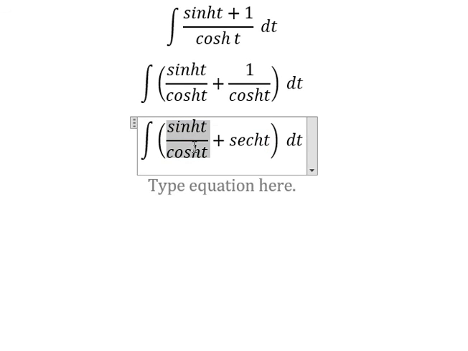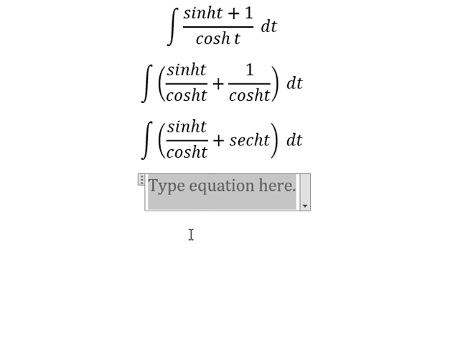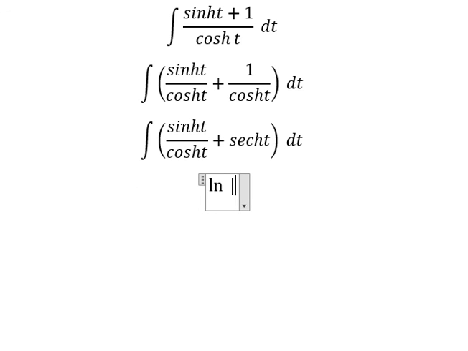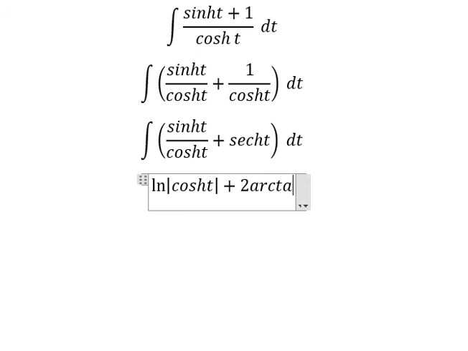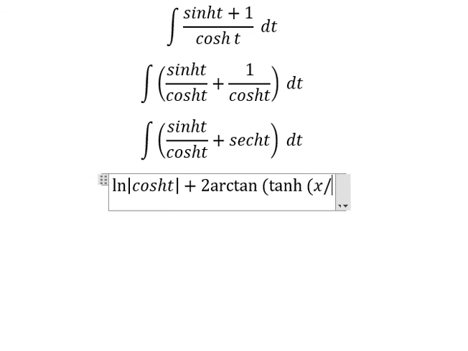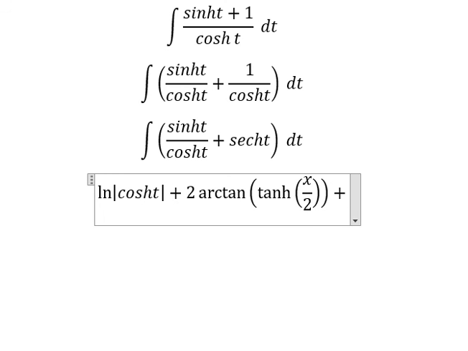The integration of this one, we have ln of the absolute value of cos t. The integration of this one, we have 2 arctan of tan s over 2. And this is about t.